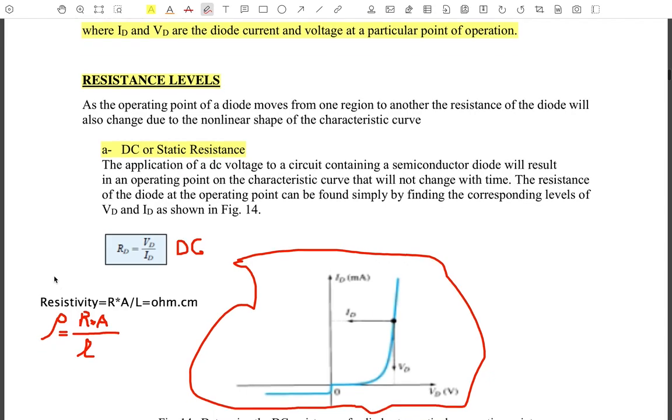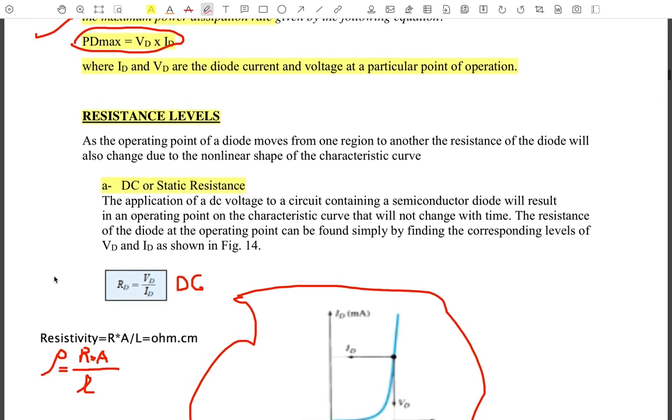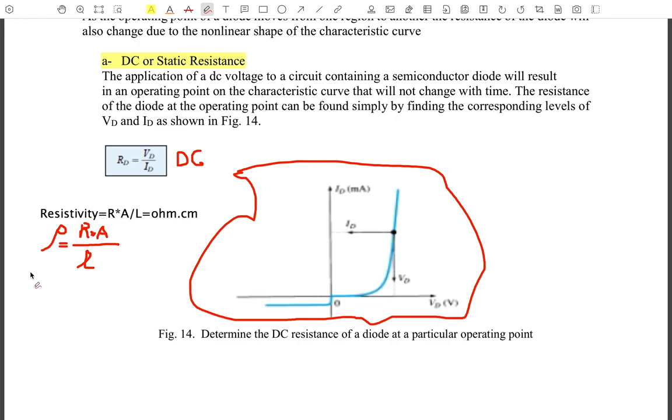We also have, from the first lecture, the resistivity. Resistivity equals resistance multiplied by the area of the material, divided by the length of the material. Now, that means the resistance R is connected with Ohm's law.